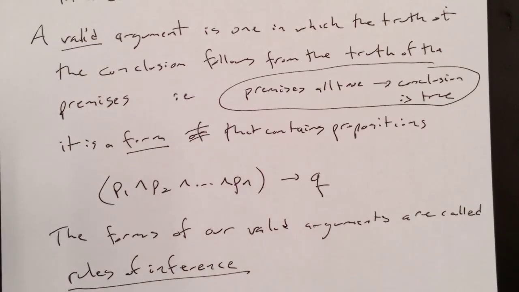By the way, if I end up with an invalid argument, there's got to be a place in my truth table where I had a false, because it's not a tautology. We're going to call that a fallacy.